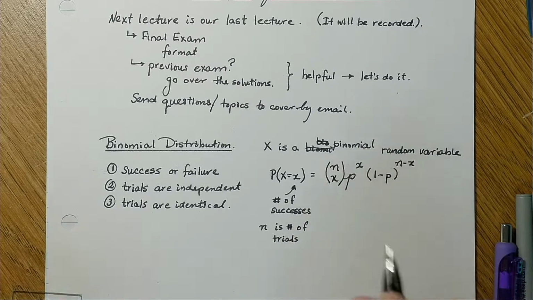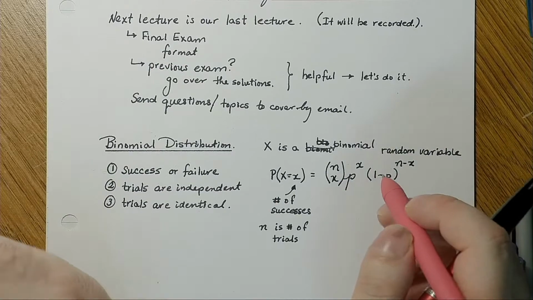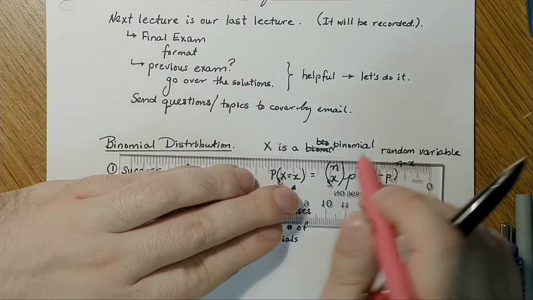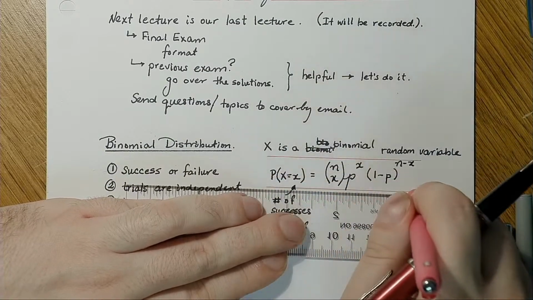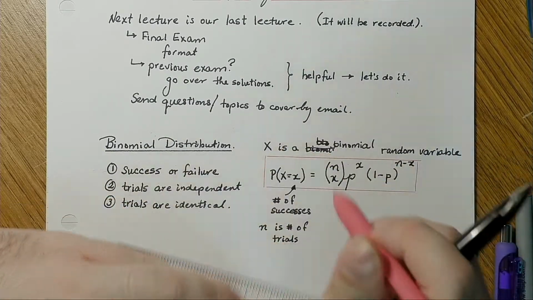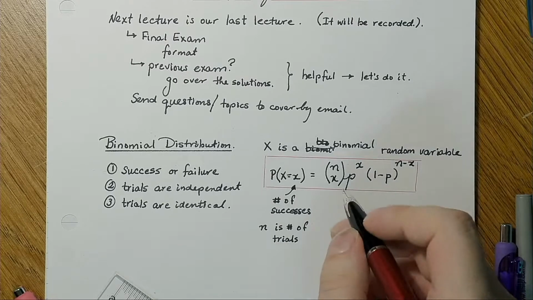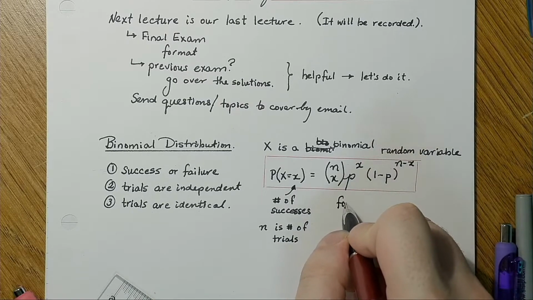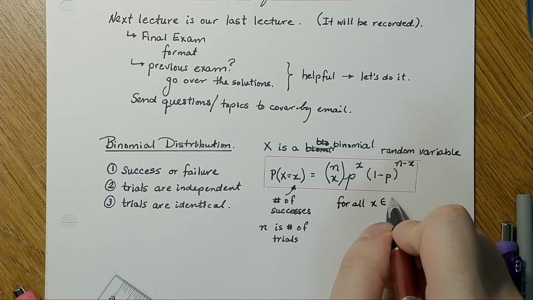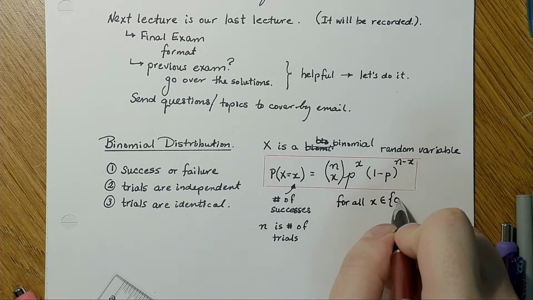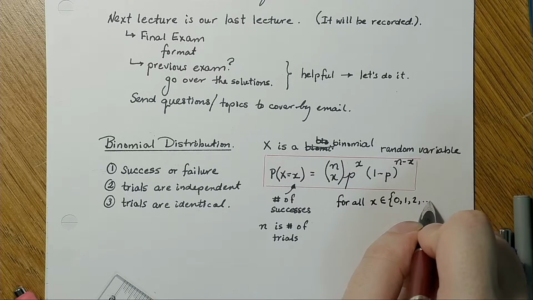And that's it. That's the formula for the binomial distribution, and that is for all x from 0, 1, 2, all the way up to n.